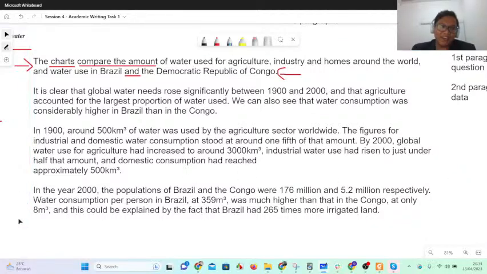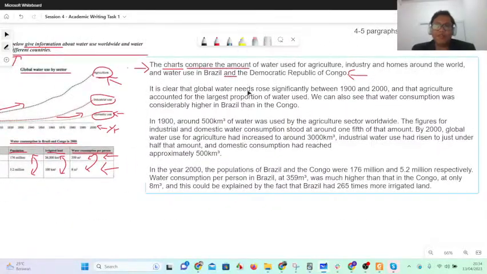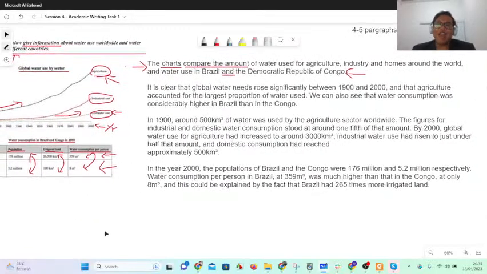You can see here. Let's read it out loud. It is clear that global water needs rose significantly between 1900 and 2000, and that agriculture accounted for the largest proportion of water use. We can also see that water consumption was considerably higher in Brazil than in Congo.